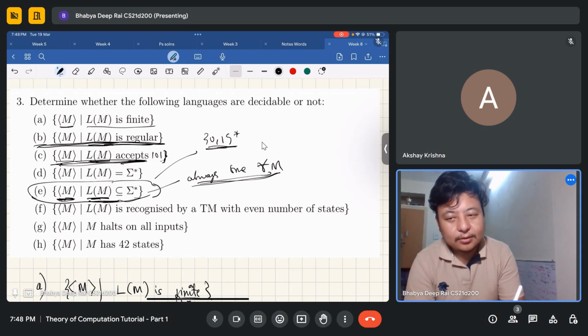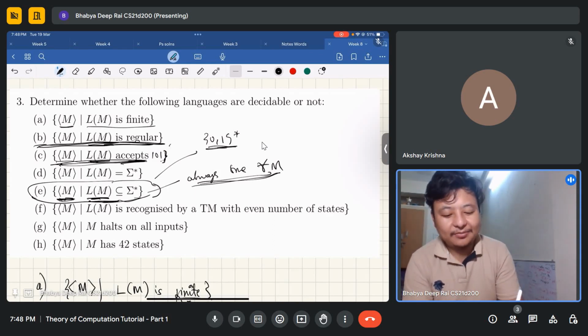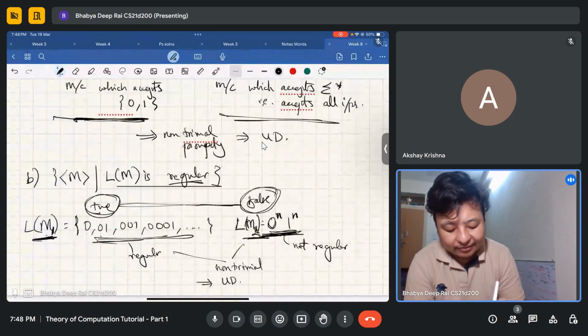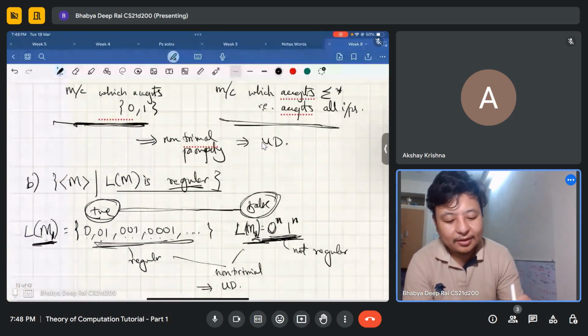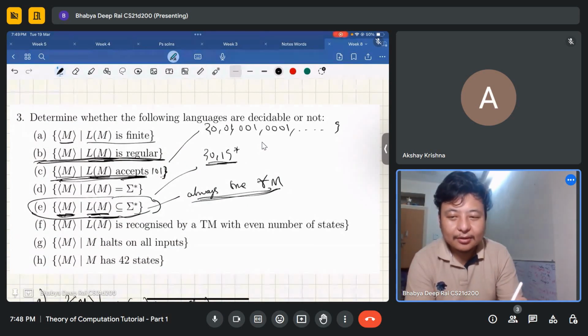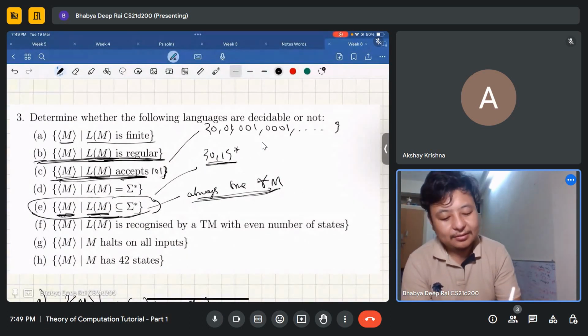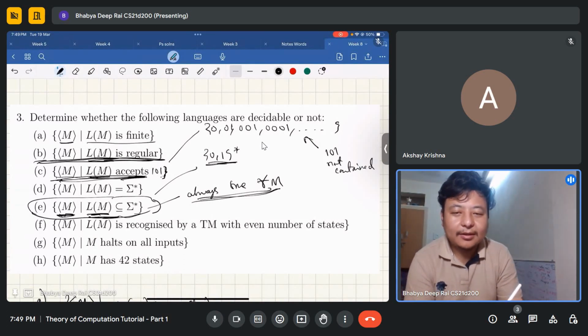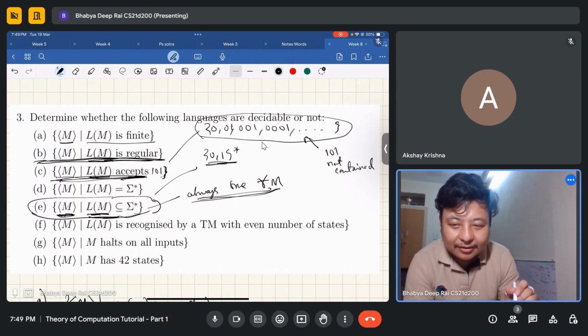So for example, if I take the language you've given, 0010, 0100, 0001 and so on, this language does not contain 101. So if I have a machine that accepts this language exactly, then it will not accept 101.